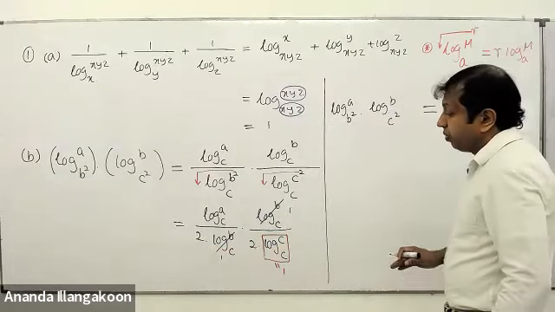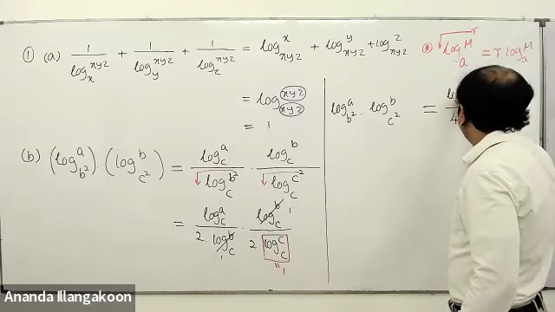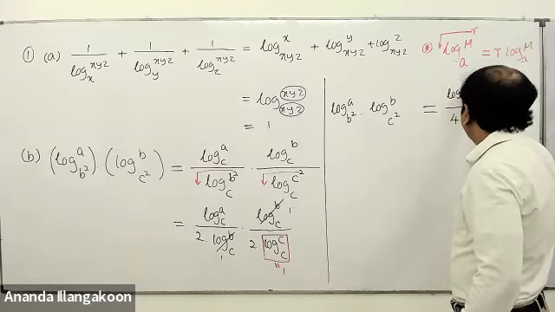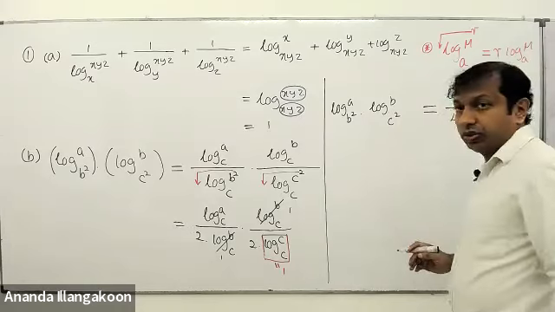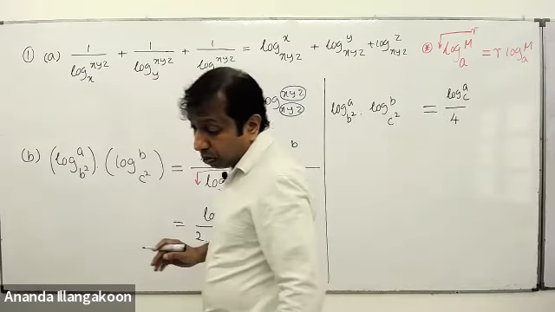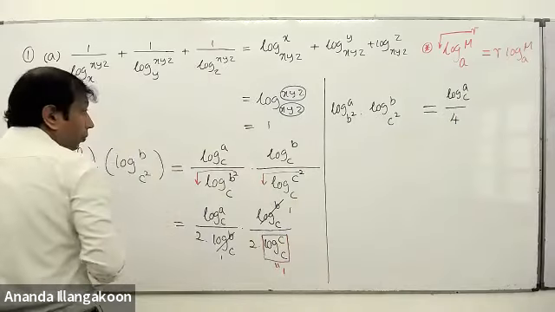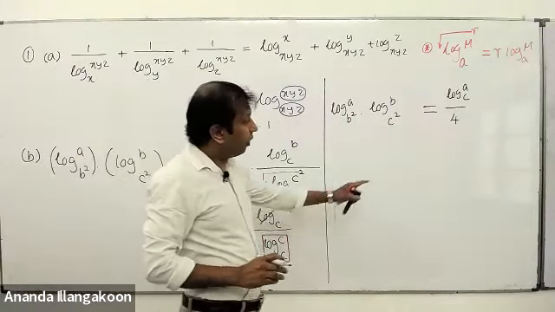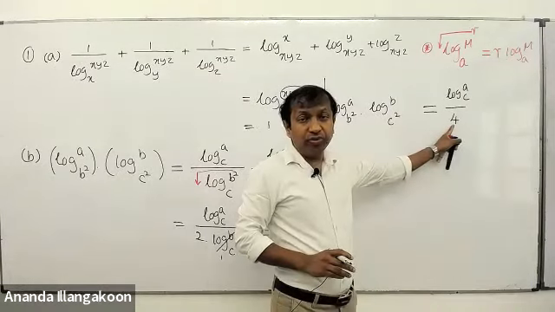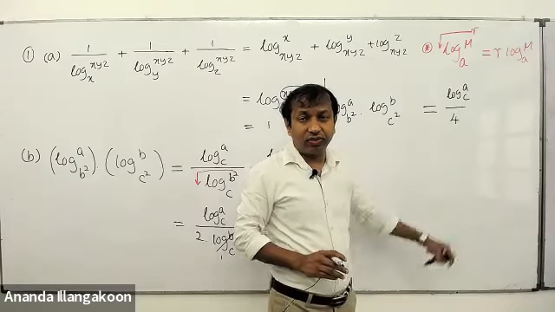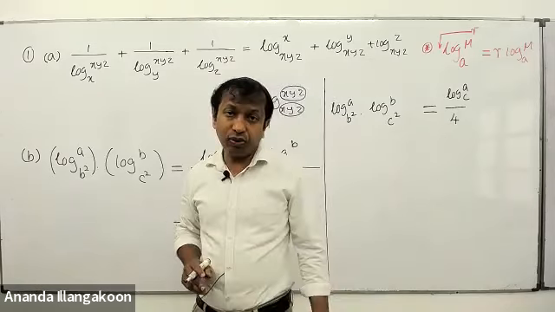Now there we have numerator log A to the base C. People now, you know, dividing by 4 means what? Multiplying by 1 upon 4, no?